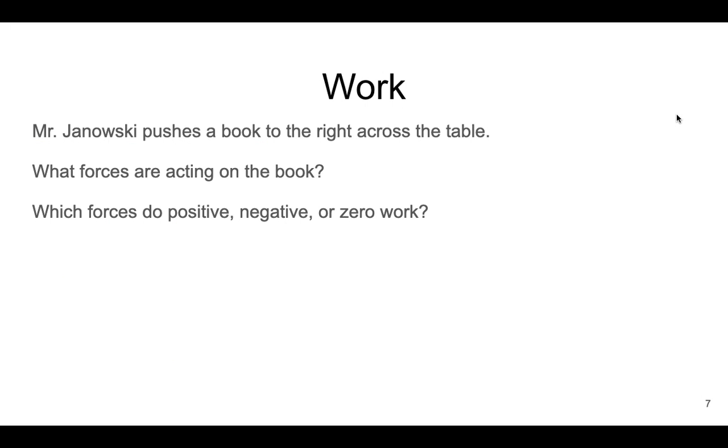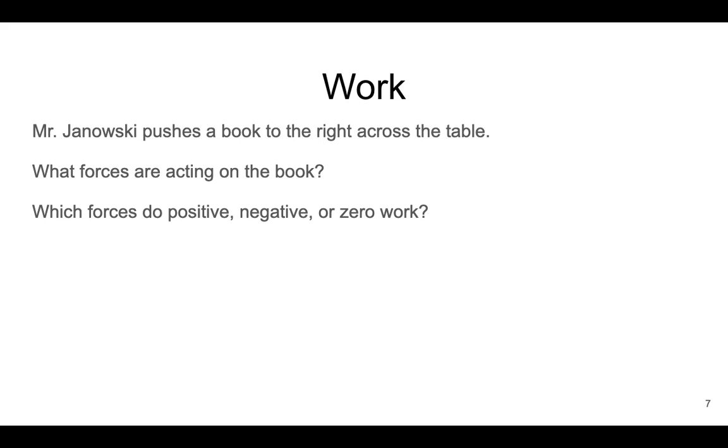So if you remember when we actually did this in class, I pushed a book to the right across the table. My question was, what forces are acting on the book, and which of those forces do positive, negative, or 0 work? So if I push the book to the right, there's a force of me pushing on it. I'm calling that F sub A for force applied. There's also friction.